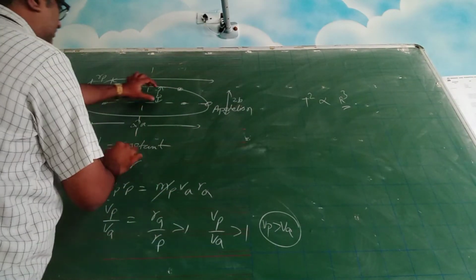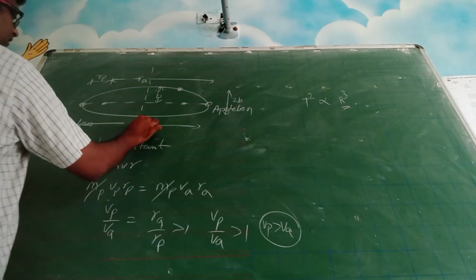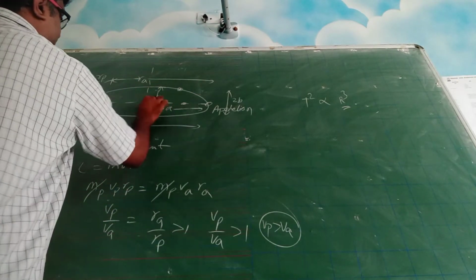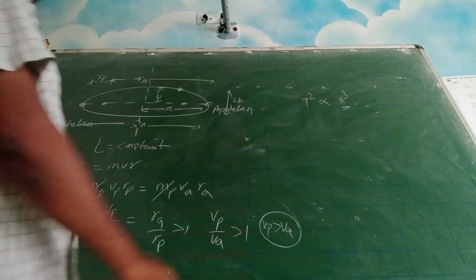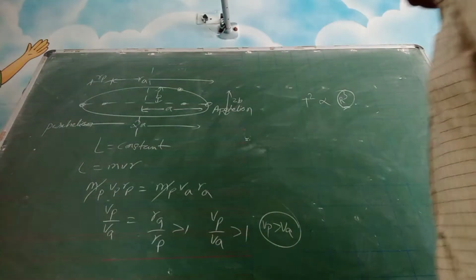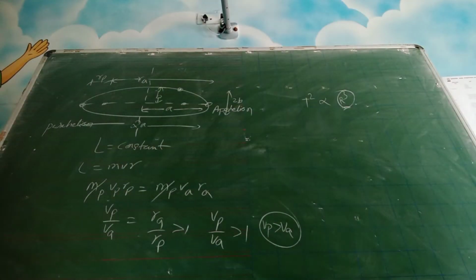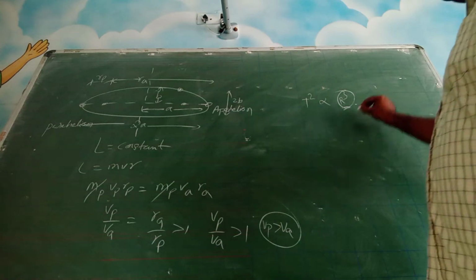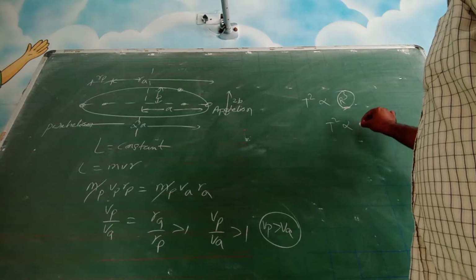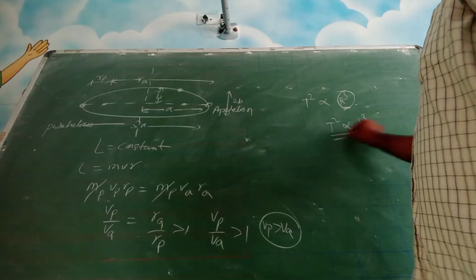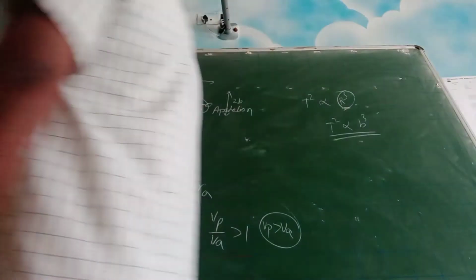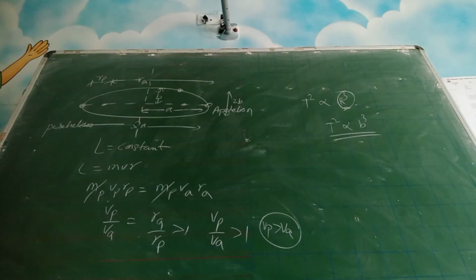So B is the semi-minor axis and A is the semi-major axis. This R here refers to the semi-major axis. That means T square is proportional to A cube. This is also one important point you should understand.